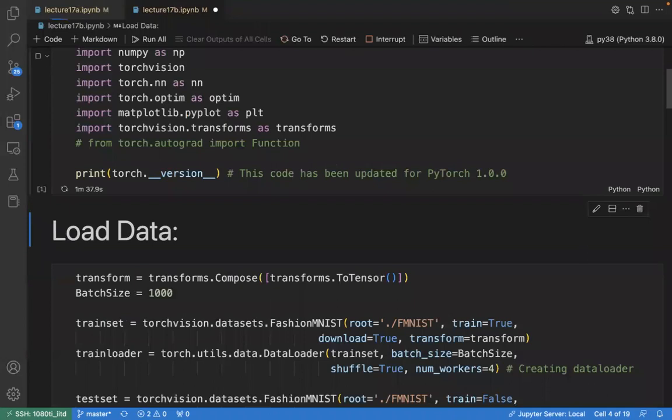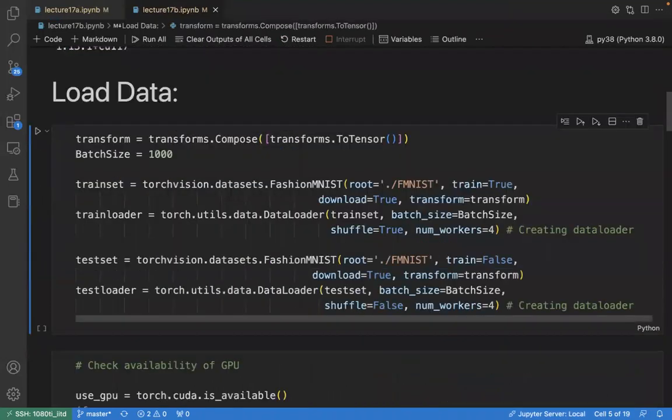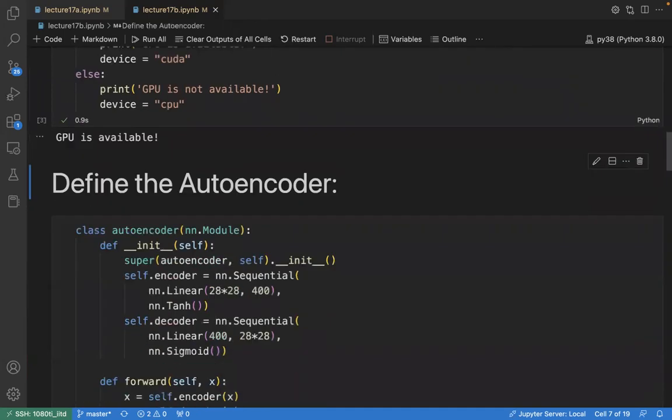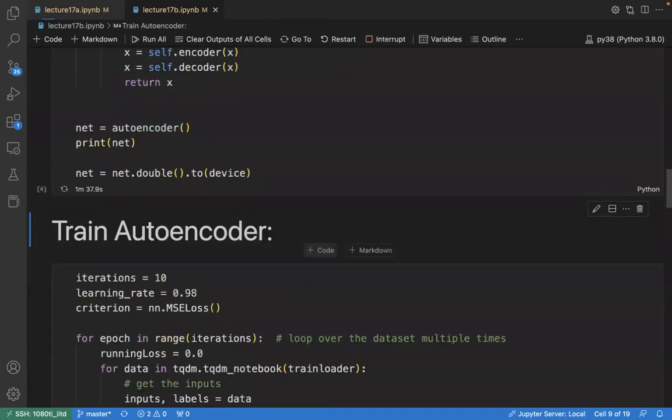Okay, we're loading packages. Then we're loading data, and checking the availability of GPU. Everything here will be the same.